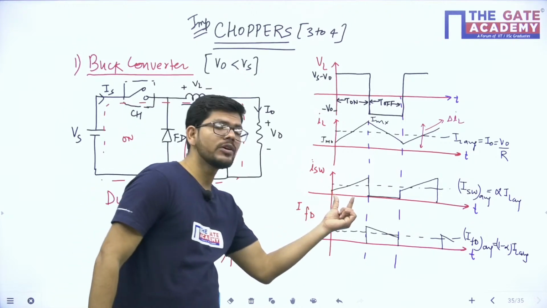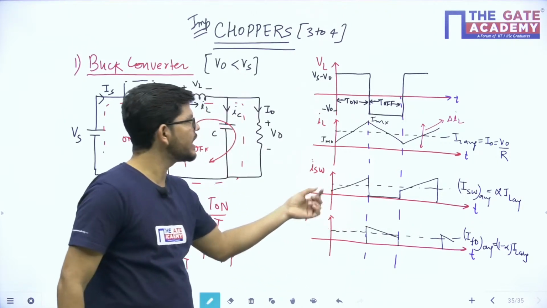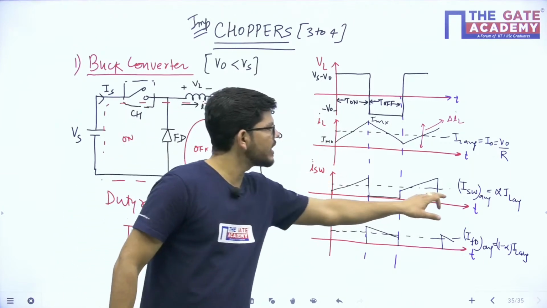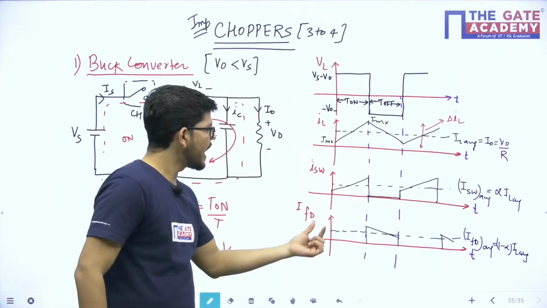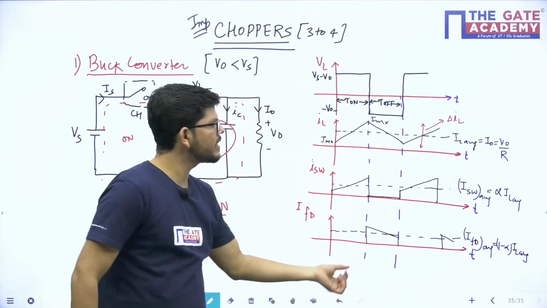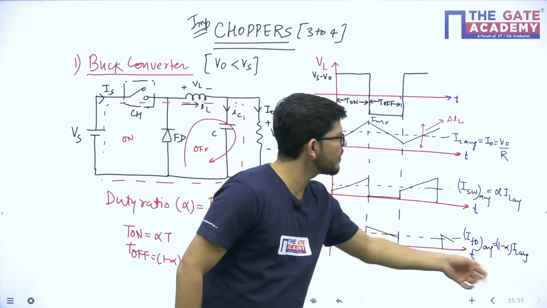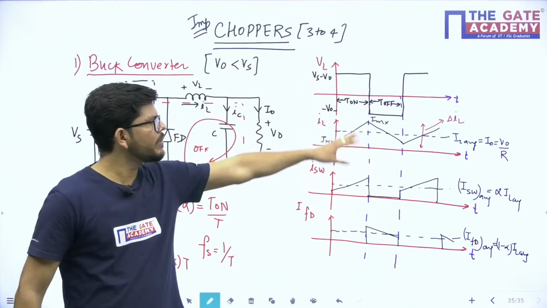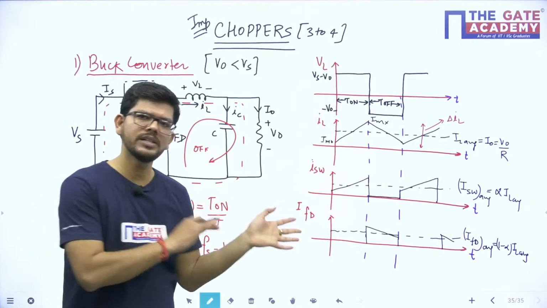Because switch current is only present during the on period, you may write it as a proportion of IL average, alpha times IL average. Freewheeling diode current is present during the off time, so its average value is 1 minus alpha times IL average. If you just remember these particular things, see how easy this will become.